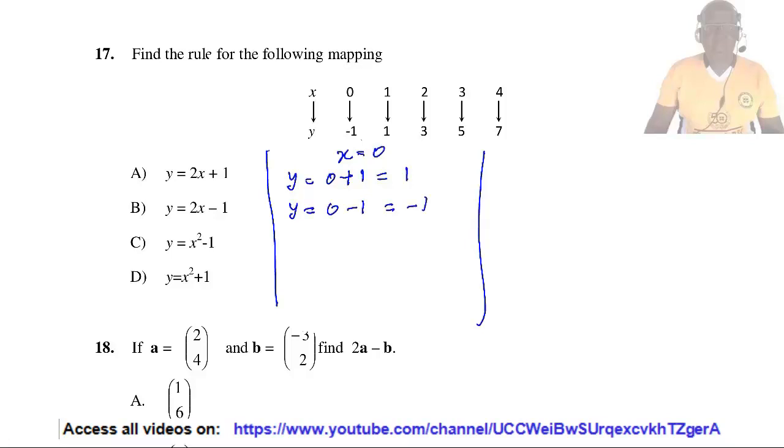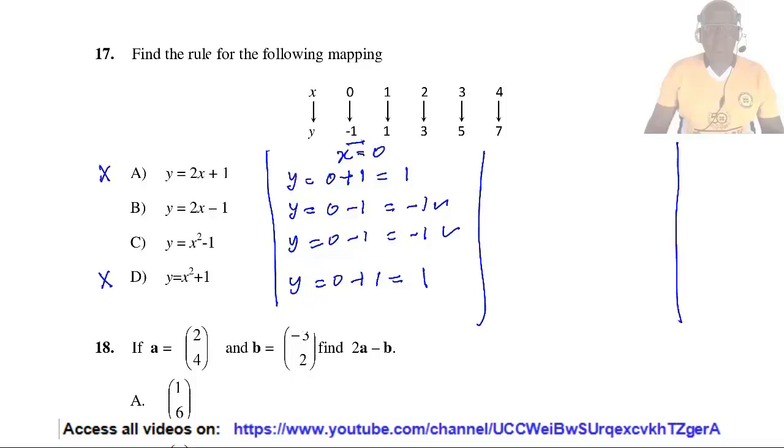And y in C equals 0 minus 1, which equals -1. And y in D equals 0 plus 1, which equals 1. Since 0 maps into -1, A and D are wrong. So we shall consider B and C.